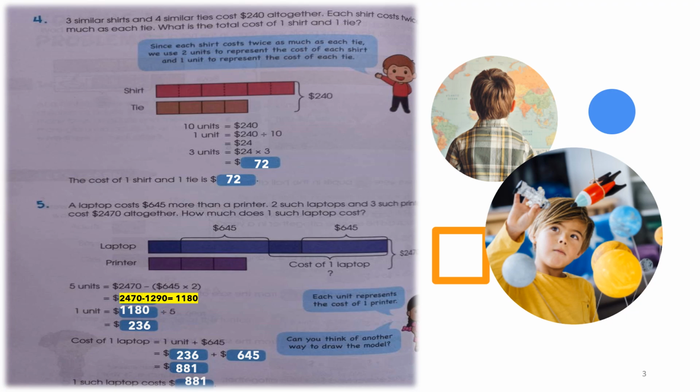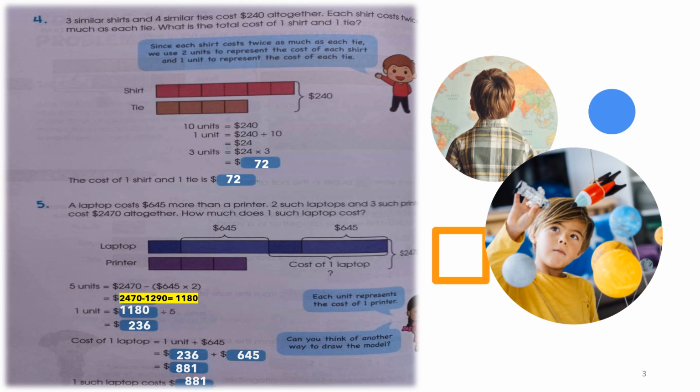Once we evaluate the cost of the printer, then we easily know that a laptop costs $645 more than a printer, right? So we know that 3 printers and 2 laptops cost $2470, but in this $2470 there is an additional cost of $645 for each of the 2 laptops.